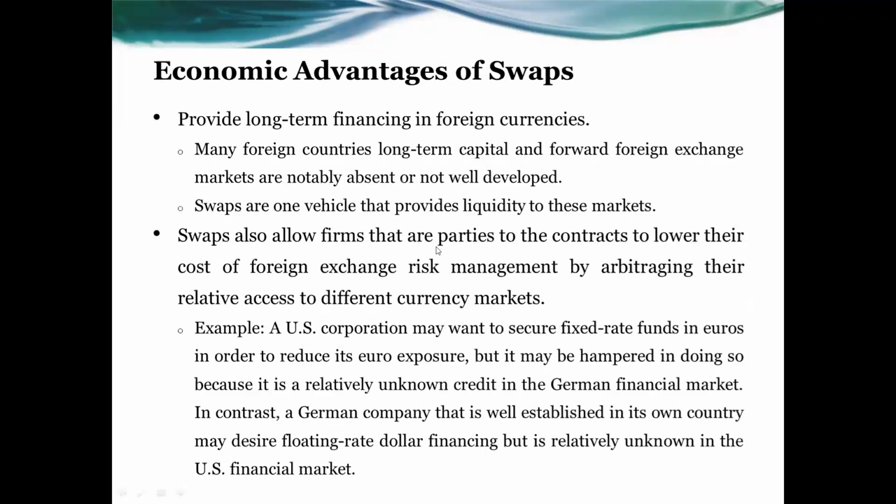Okay. Now let's look at why people are going for a currency swap, interest rate swap, or interest rate currency swap. Okay. So it provides long-term financing in foreign currency. Right? Now we understand this thing, right? So there is no currency fluctuation. We fix the amount, right? There is no interest rate fluctuation. We fix the amount.